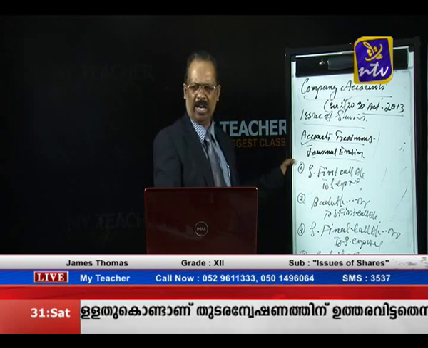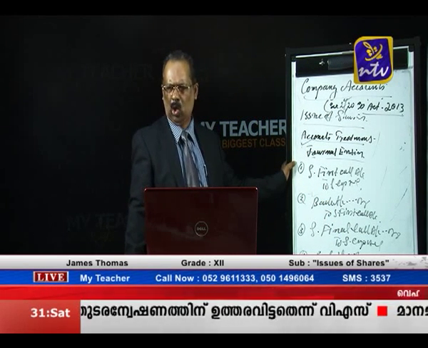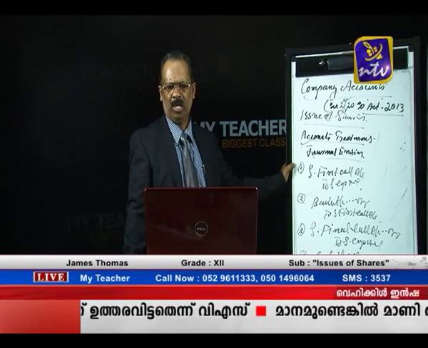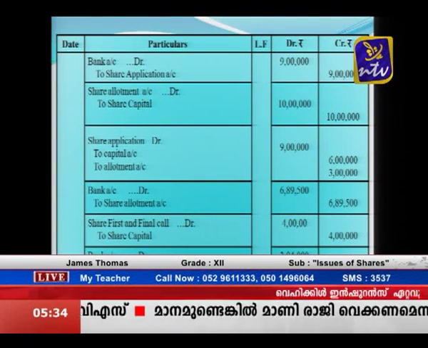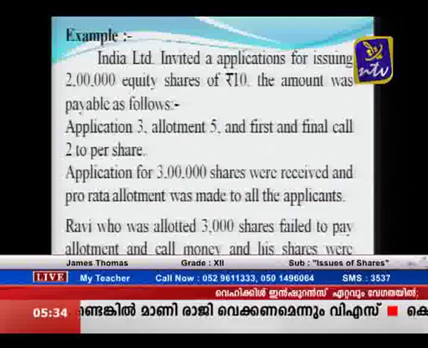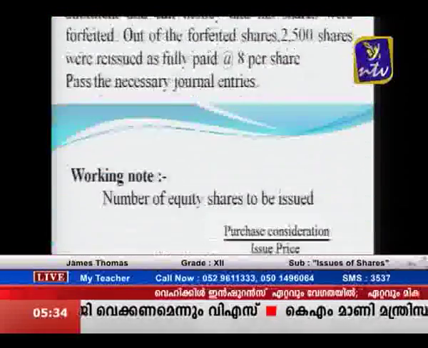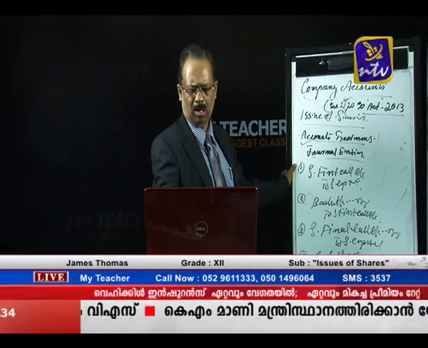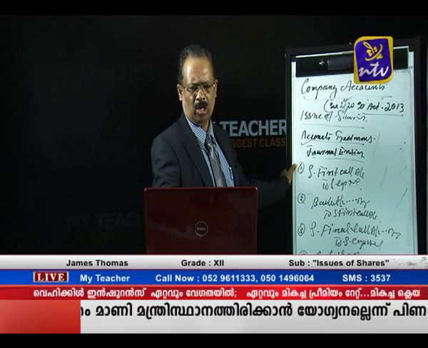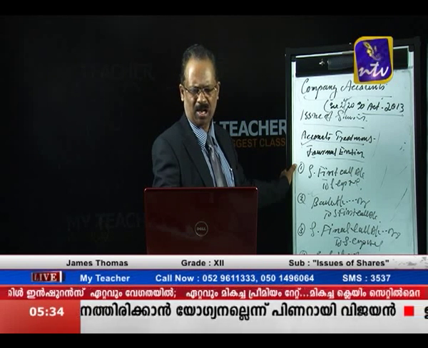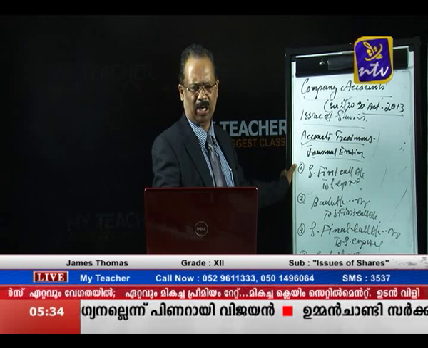And last entry is on making a final call. So what is our entry? On making a final call, entry is share final call account debtor to share capital, and on receiving a final call, the entry is bank account debtor to share final call account.